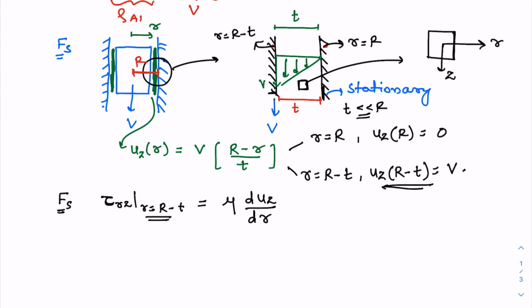So the shear stress acting on these vertical surfaces, by our sign convention and the convention for notation for the stress, we know that the shear stress acts in these directions, and they are denoted by tau rz. So r is basically the surface on which the shear stress is acting. So this is the r surface, and z is the direction of that stress in which it is acting.